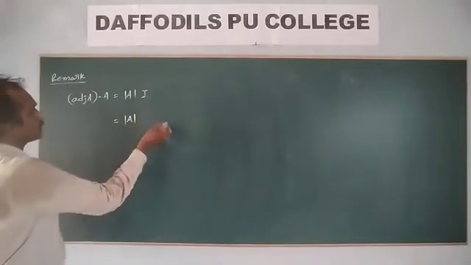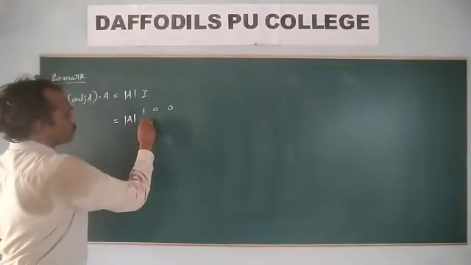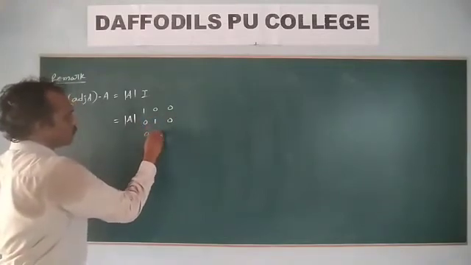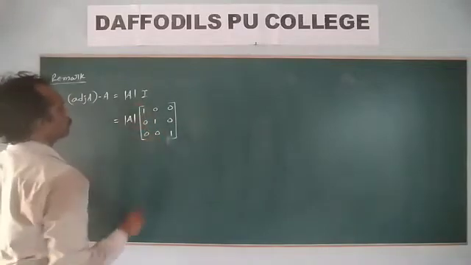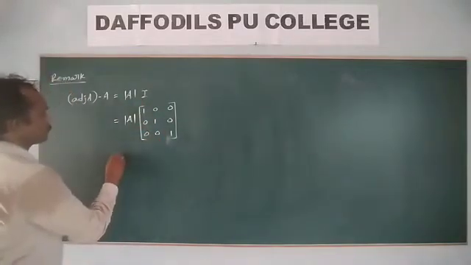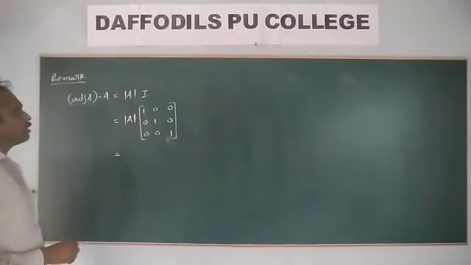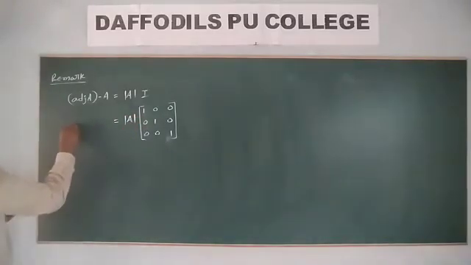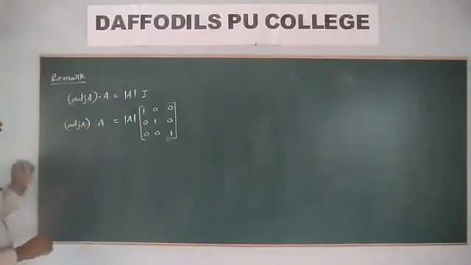Det A, what is I? 1 0 0, 0 1 0, 0 0 1. Okay. This value is the adjoint A into A.